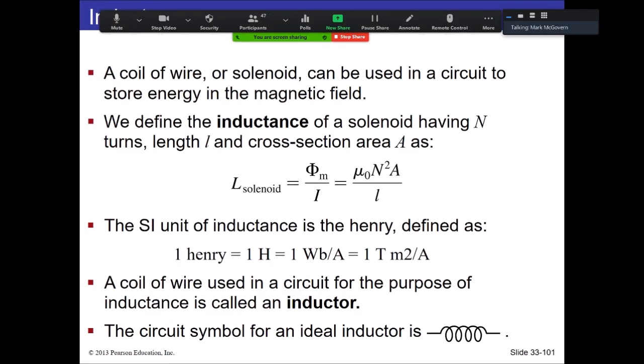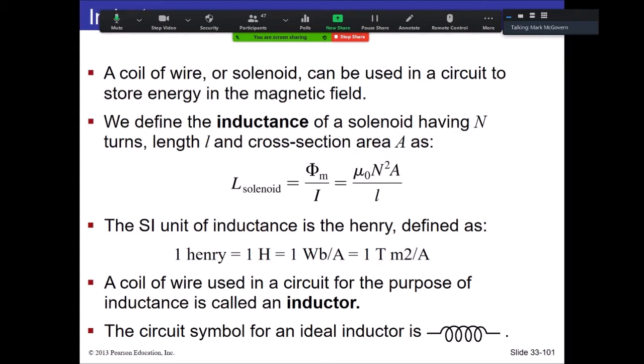So, what we're studying today is a type of circuit element called an inductor, which has a lot of parallels to capacitors, in the sense that capacitors work on establishing a potential difference where a uniform electric field is made and has the ability to store charge and then release that.